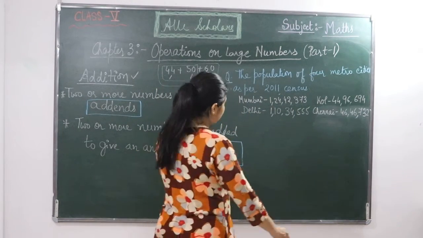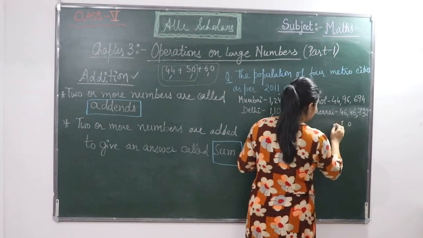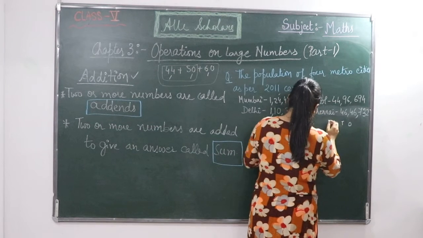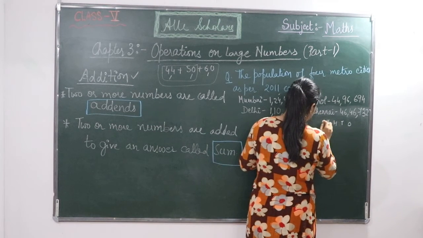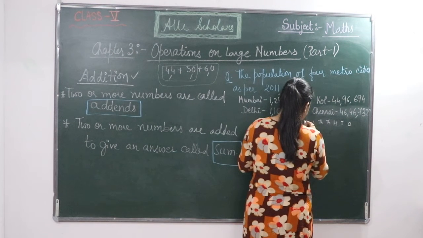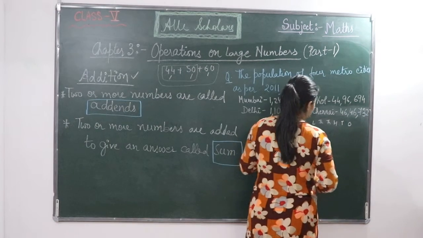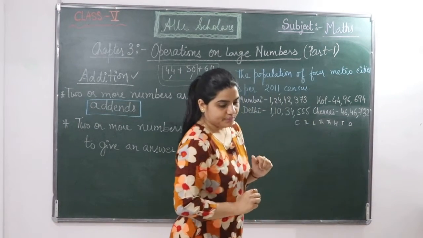So write in a vertical form: ones, tens, hundreds, thousands, ten thousands, lakh, ten lakh and here comes your crore.